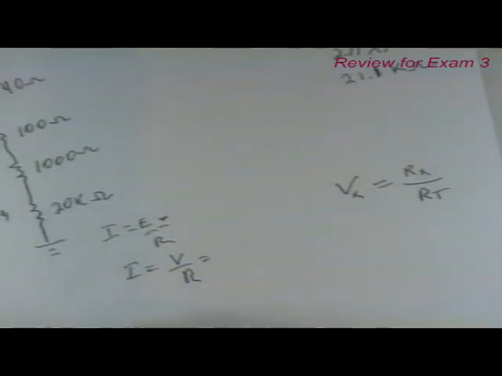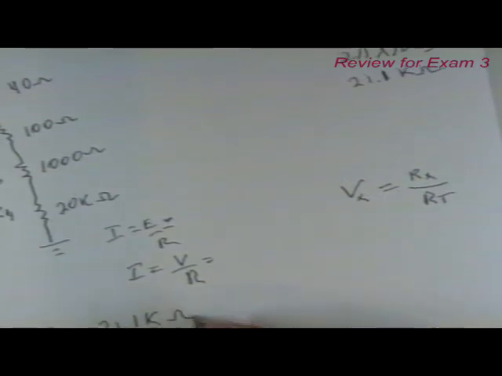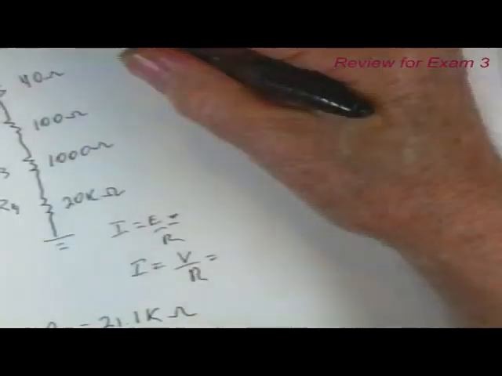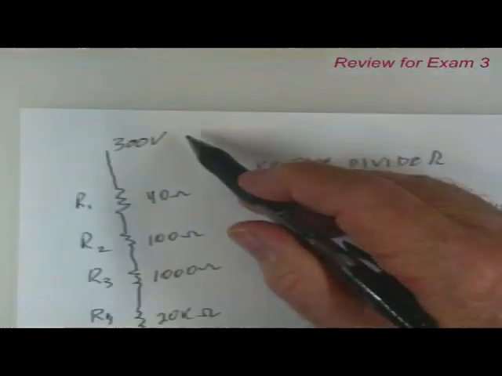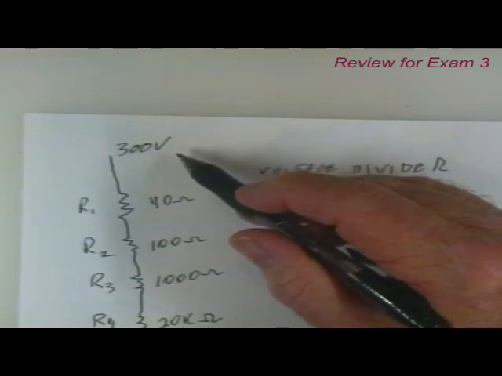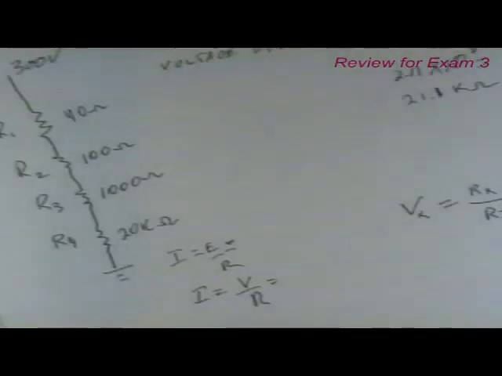So RT equals 21.1 K ohms. Now, what's the voltage? Well, look up here. There it is, right there. It's our V total. Some people say VS, V source, V total, same thing. So I'm going to say that the V total is 300 volts.